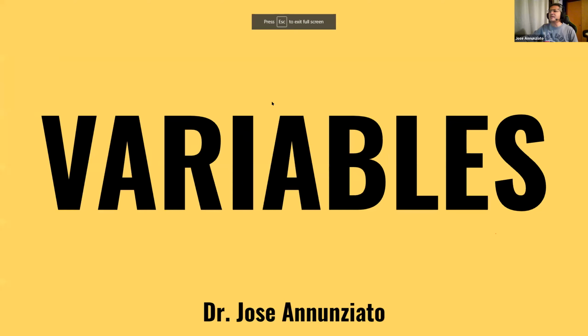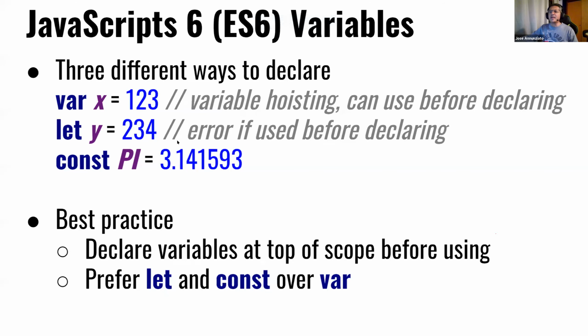One of them is how variables now work. It used to be that to declare a variable in JavaScript, you only had the keyword var. Today, in ES6, we discourage you from using var.